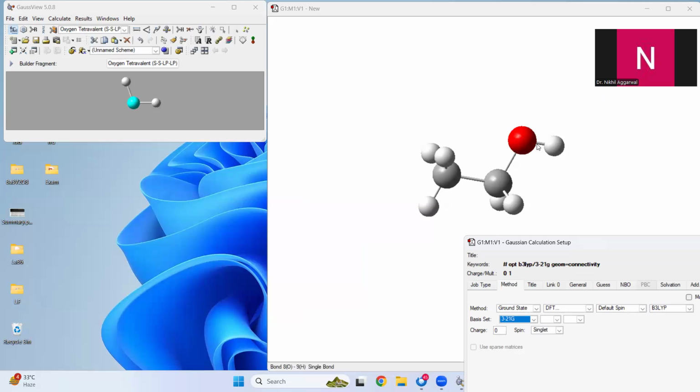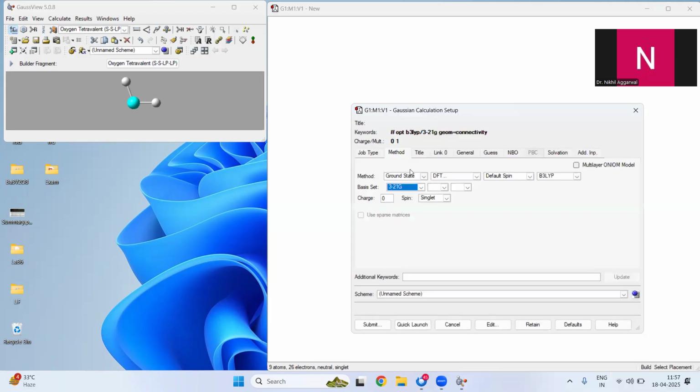Oxygen, hydrogen, sigma bond; oxygen, carbon, sigma bond; carbon, carbon, sigma bond. So all of them are connected with each other via some sigma and pi bonds. So if all the atoms are connected by sigma and pi bonds, you can simply take 6-311G or 6-31G. But if all the atoms are not covalently linked, you have no other choice. You need to go with the more accurate model, LANL2DZ, LANL2MB.